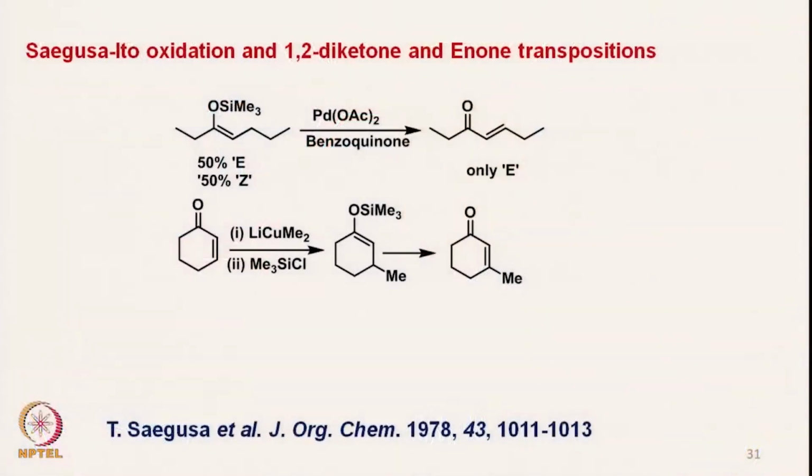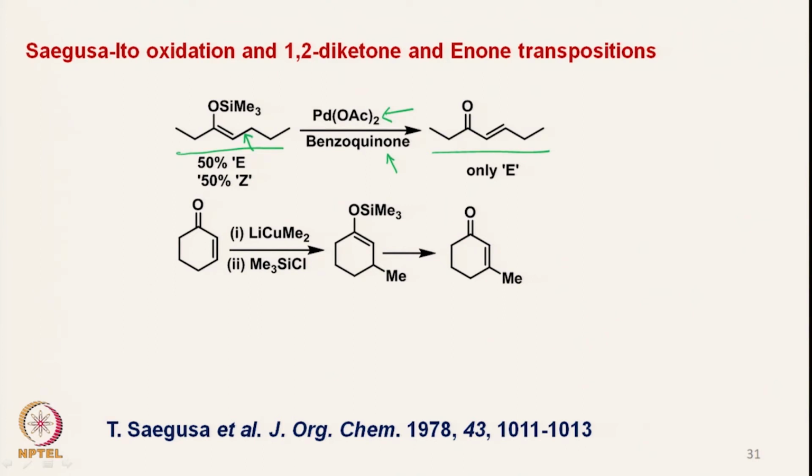What is interesting in this reaction is, if one takes an enol silyl ether of this kind, and treats it with palladium acetate in the presence of benzoquinone, one gets this enone formation. That means the double bond comes on this, and this enol silyl ether gets converted to the ketone.